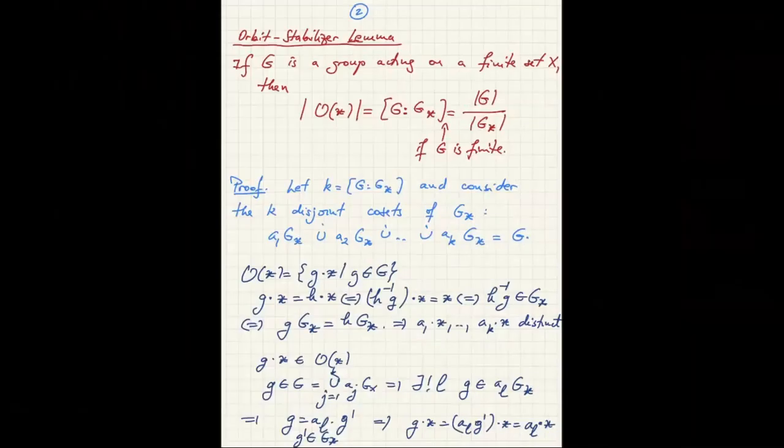Okay. So these are things we did last time, as well as this result. We stated and proved it at the end of last lecture, what is called the orbit stabilizer lemma.